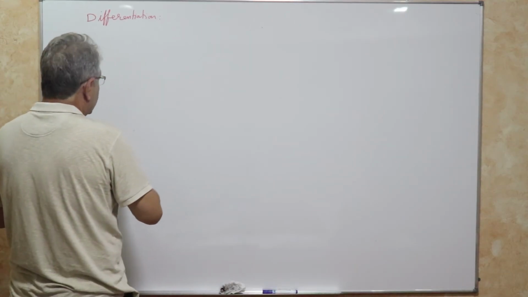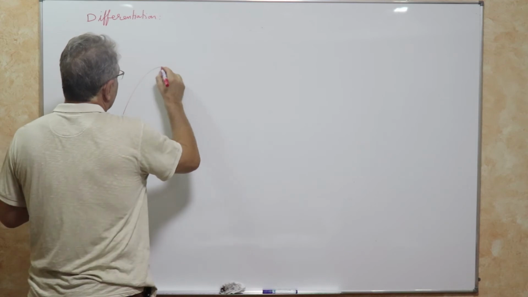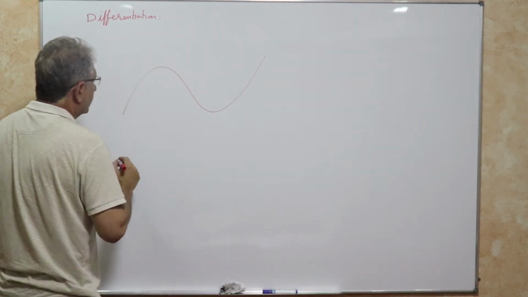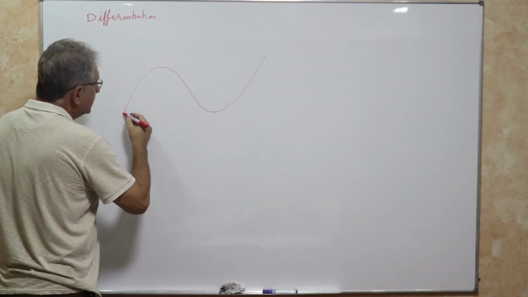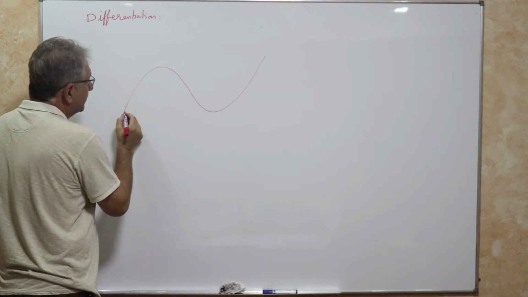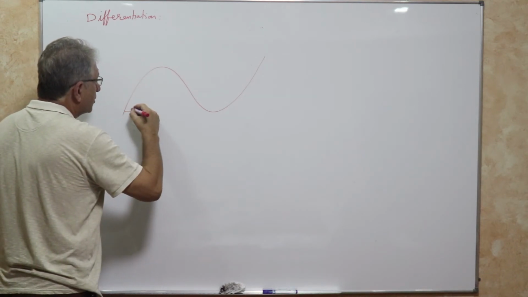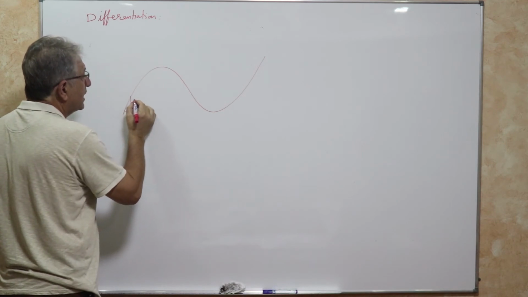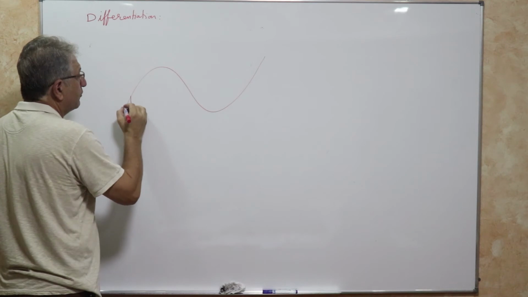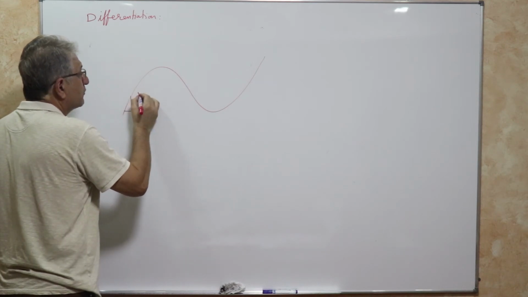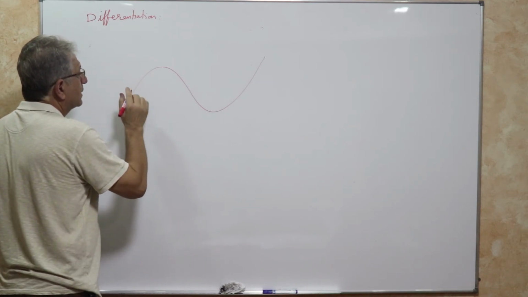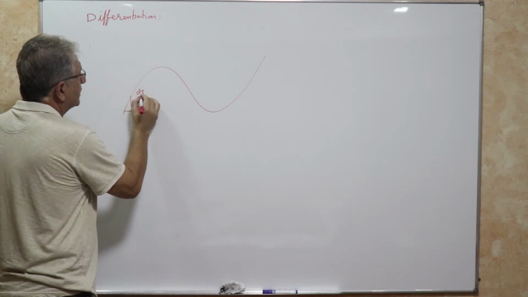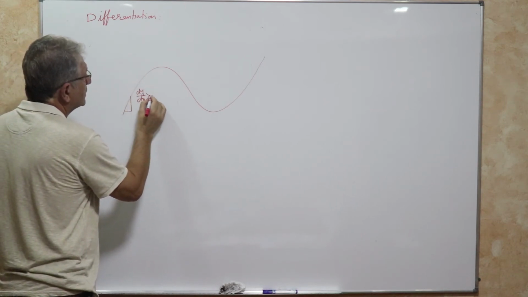Look at this curve here. Now, we can see that this function is increasing. That means whenever x increases, y also increases. Therefore, change of y divided by change of x should be a positive number. Therefore, dy by dx is more than 0 here.